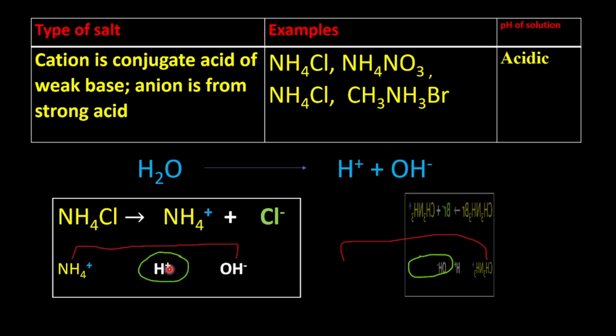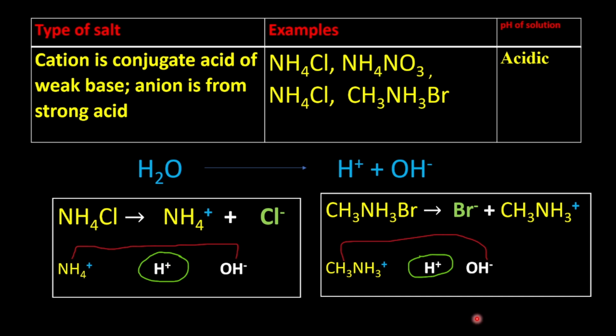Okay, let's look at a second example. So we have CH3NH3Br, which dissociates to give Br- plus CH3NH3+. Take note of this, that is where we position the plus. So we have this CH3NH3+ reacting with the H+ and OH-.